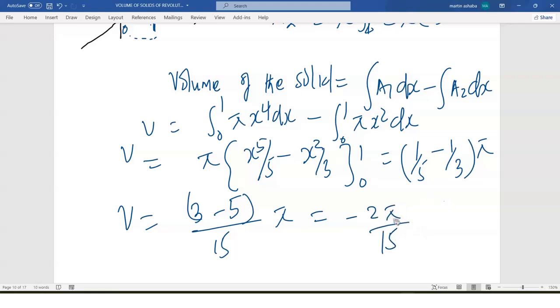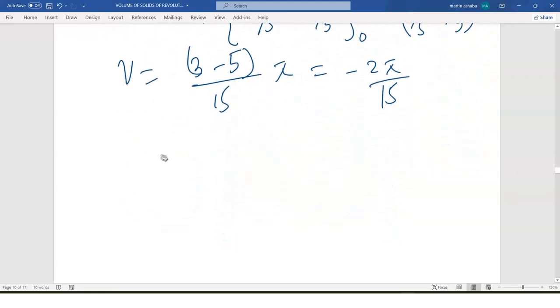What does this tell us? It means actually the volume is this minus that. And therefore, we take the absolute volume or the magnitude. So that volume should be 2 pi out of 15 cubic units.